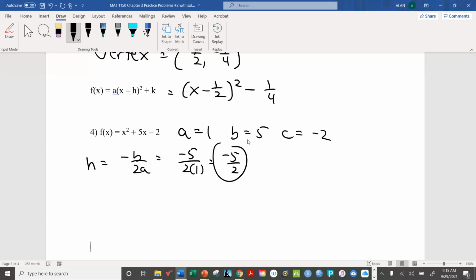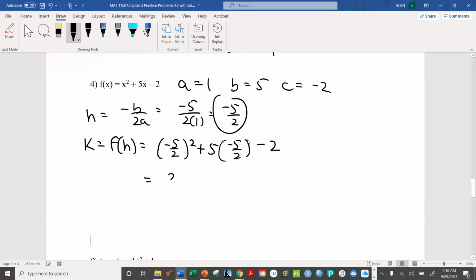And K is, of course, a function of H. This one's a little sloppy, but we can do it.